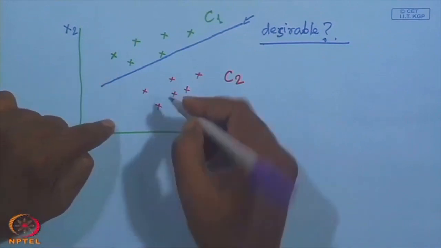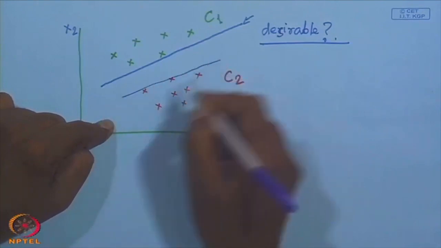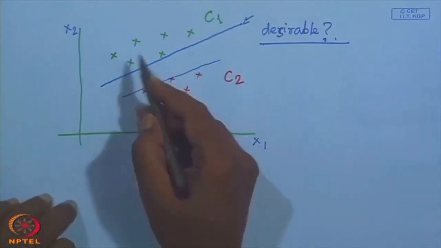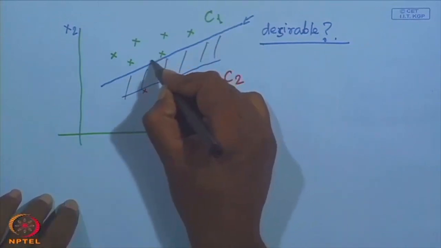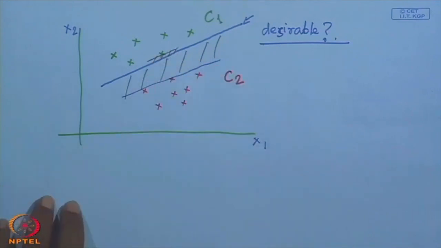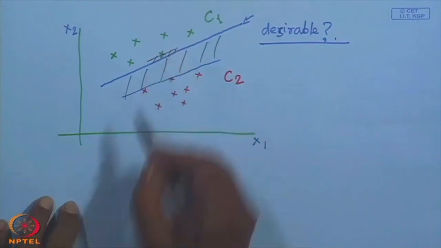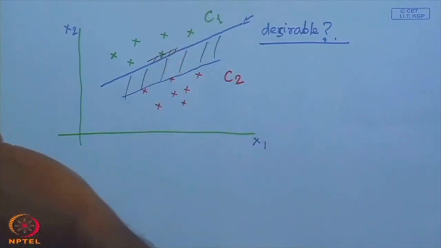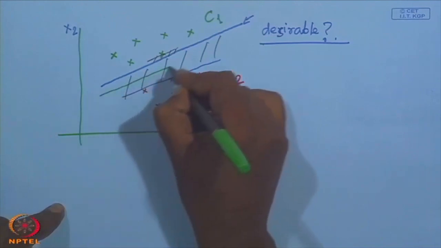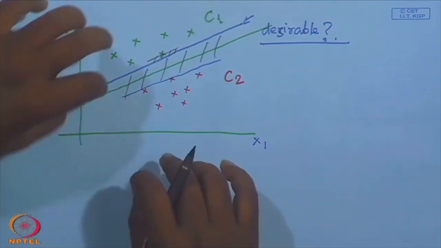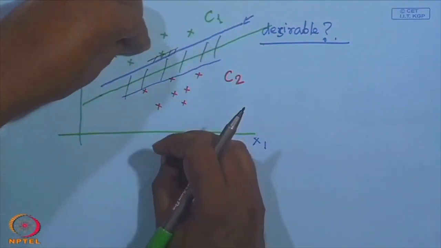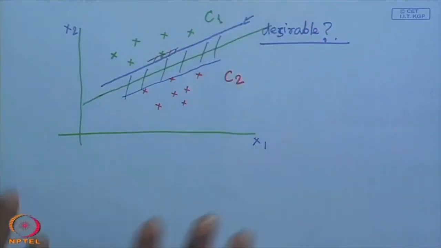The reason is that this entire space from here to here is given to class C2, whereas the margin to class C1 is only this much. Rather than this classifier, I would prefer to have a classifier somewhere over here, so that the training vectors from both class C1 and class C2 are equally apart from my classifier, or the plane separating these two different classes.